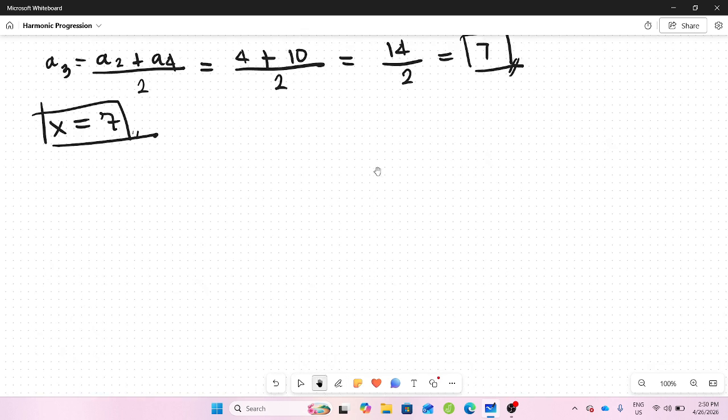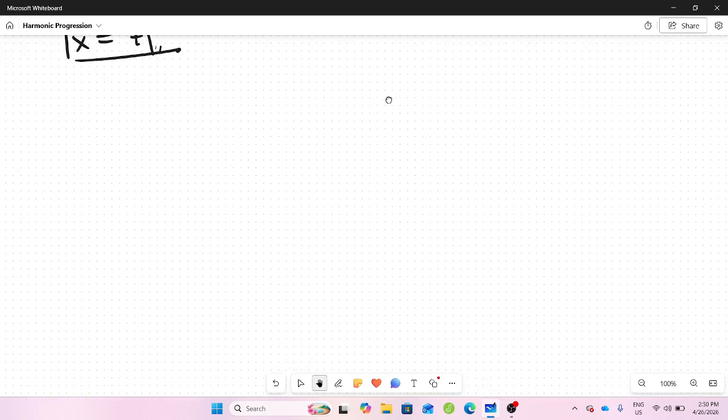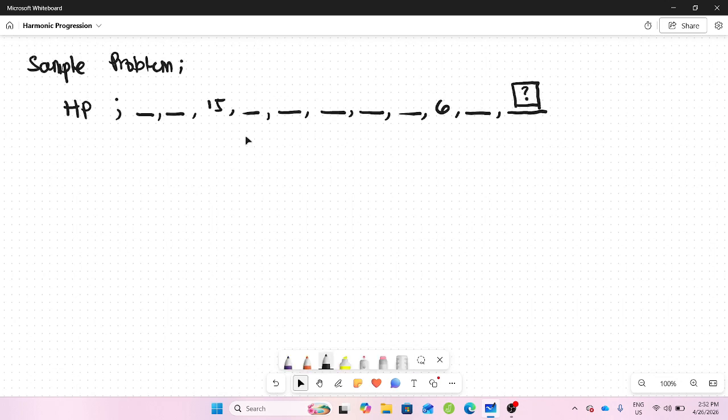Okay. Let's have another example to better understand this one. We are given here a harmonic progression. So these are all the givens. The third term, or A3, has a value of 15, and our ninth term has a value of 6.